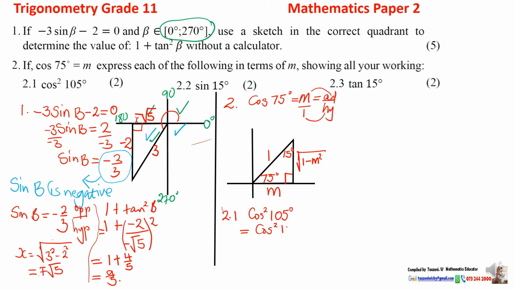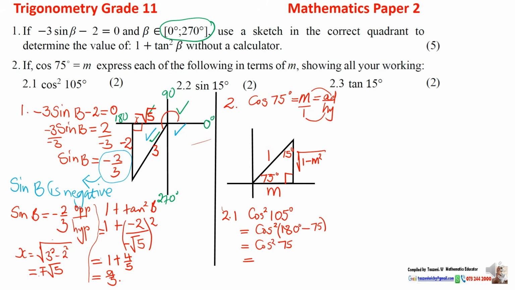So before I can think of anything, I can see that this is 180 minus 75. I have to reduce it. Applying a reduction formula to this, it gives us the cos squared of 75 degrees.